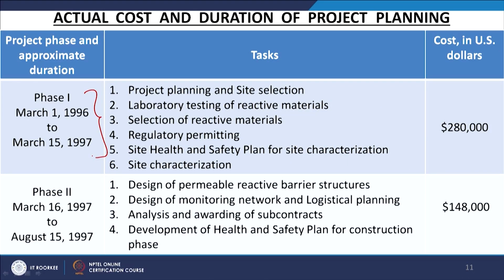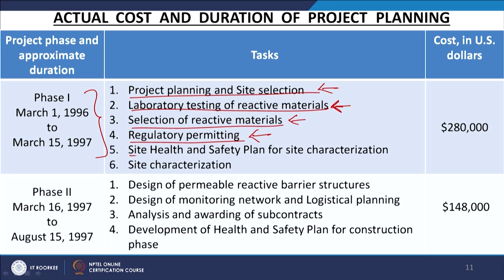So here we are going to look at the initial phase, right. Obviously project planning and site selection is an issue, yes, and laboratory testing of reactive materials, this was the one for the batch studies or column studies, right. Selection of reactive materials, again from column studies. Regulatory permitting, obviously people need to deal with the relevant regulations and the relevant cases, right.